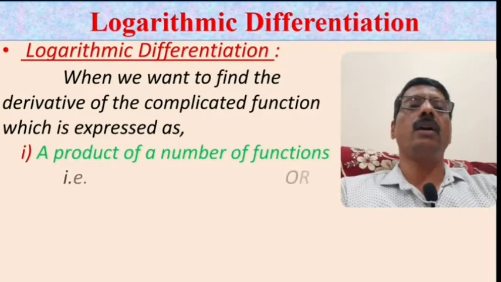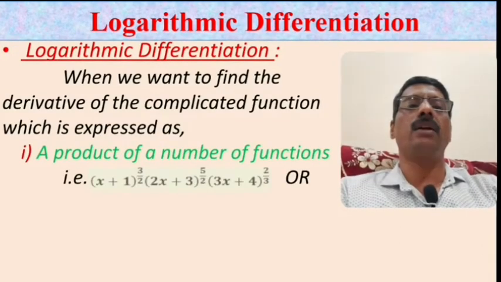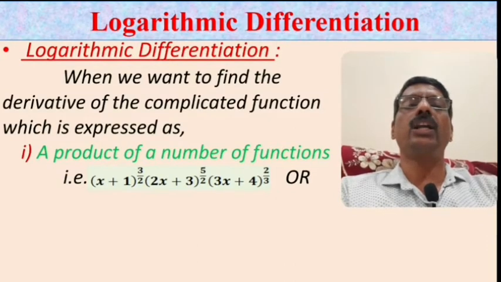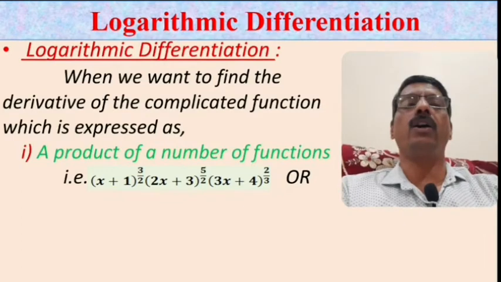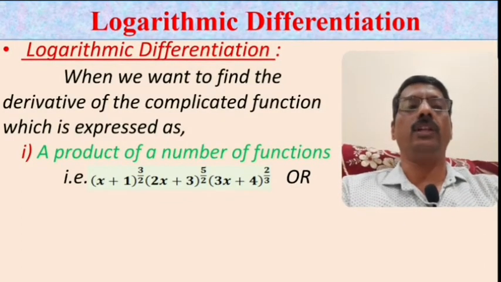For example, take the function (x plus 1) raised to 3 by 2, into (2x plus 3) raised to 5 upon 2, into (3x plus 4) raised to 2 upon 3.